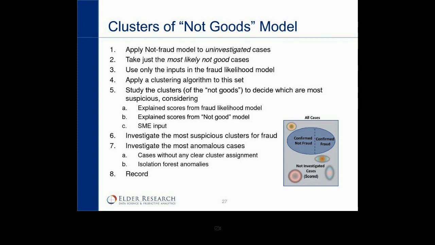You apply the non-fraud model to the uninvestigated cases, you take the most likely cases, and you use the same inputs for your clustering model that were used previously, and you build a k-means clustering score or set to these, and then you study those clusters with a subject matter expert, as I said before. You investigate the most suspicious clusters, and you investigate the most anomalous cases. In other words, the bads that aren't in any of those clusters.